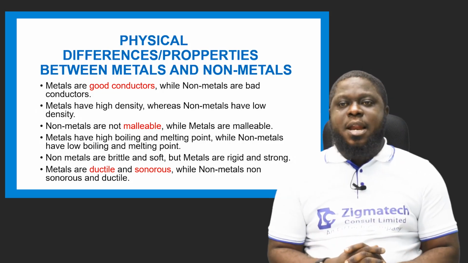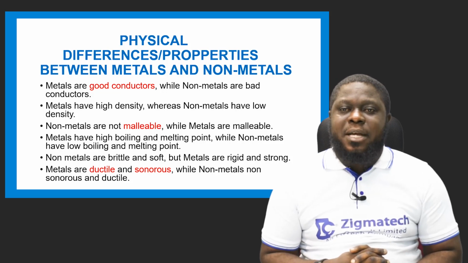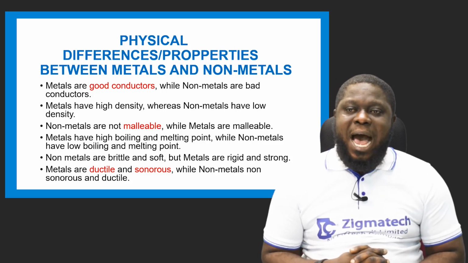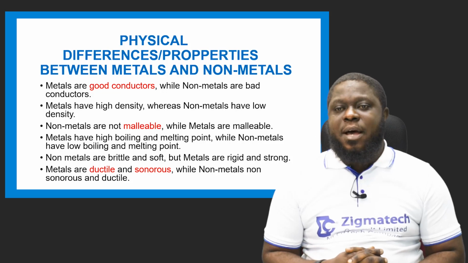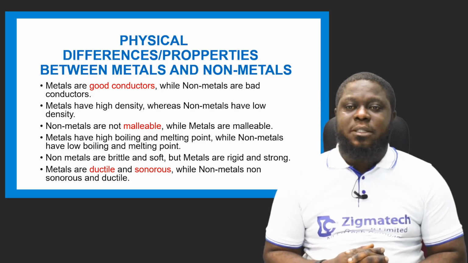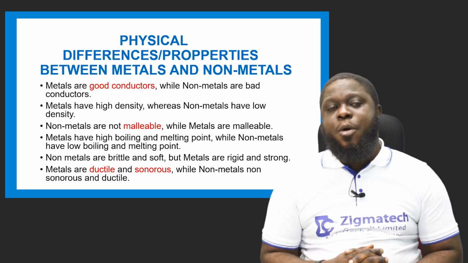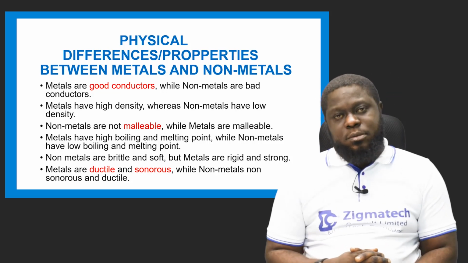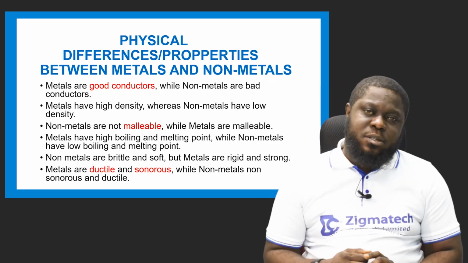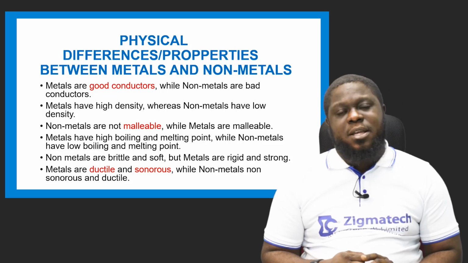Now the next one is metals have high boiling point and melting point, whereas non-metals have low boiling point and melting point. Because they're rigid, their boiling point will be high.